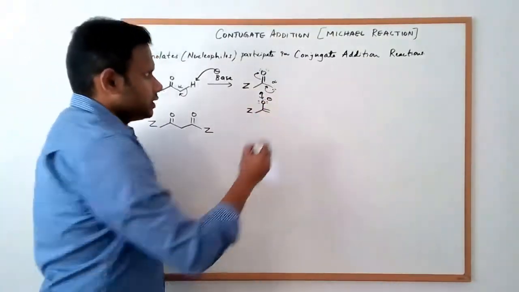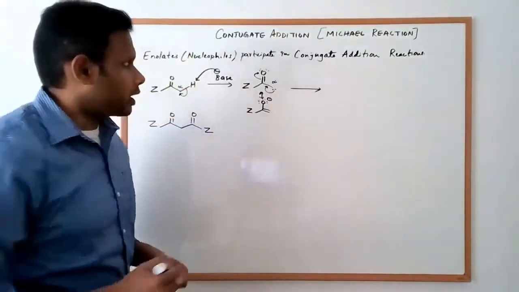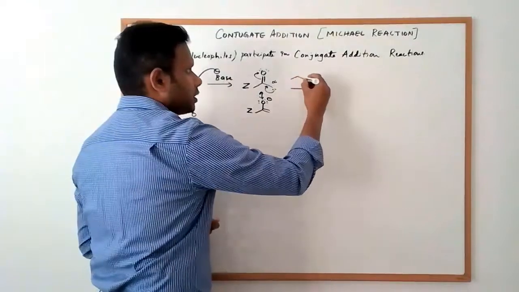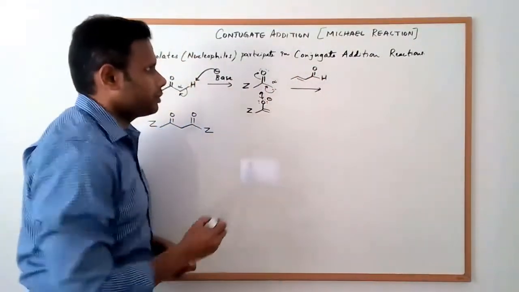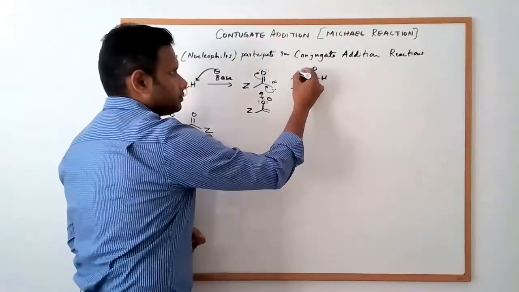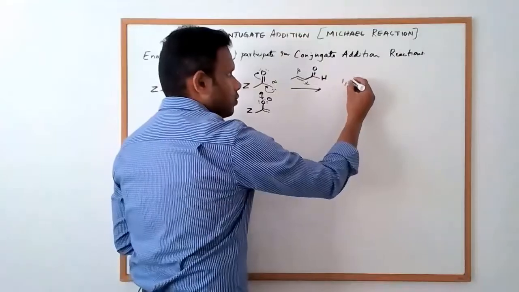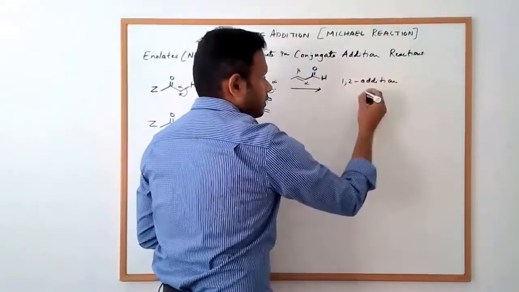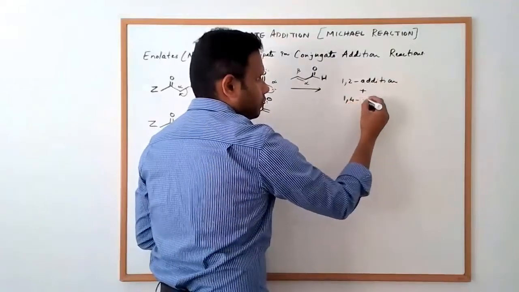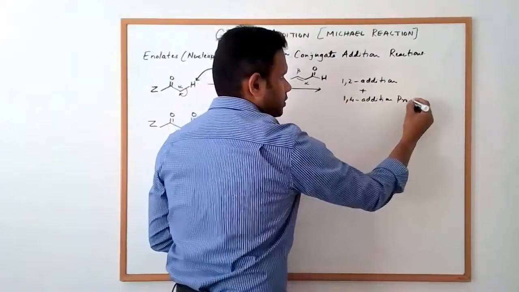So such enolates, when they participate in a conjugate addition reaction, so if I react such an enolate with an alpha beta unsaturated compound, we will get a mixture of 1,2 addition and 1,4 addition products.